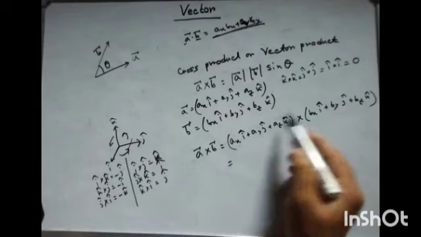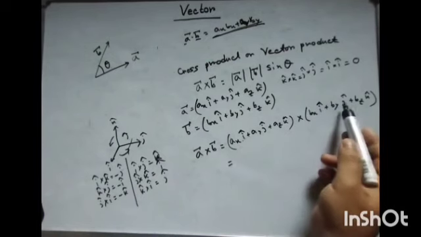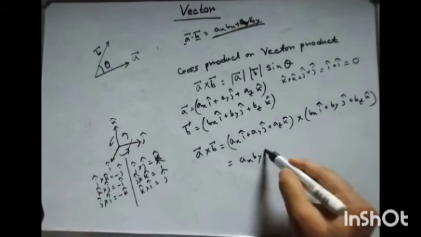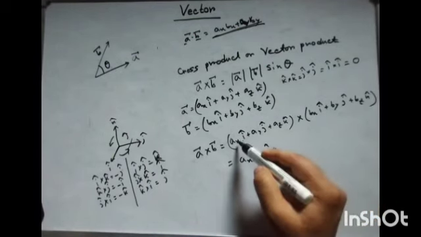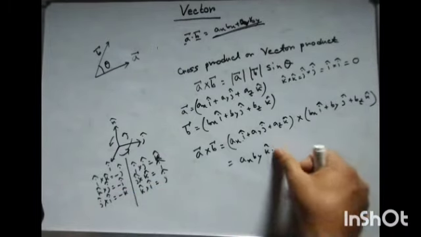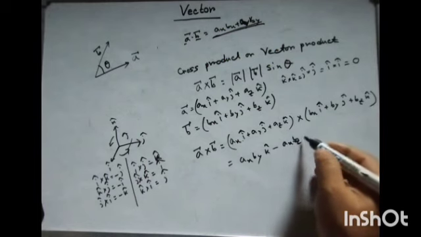So here ax bx, i cap cross i cap is 0, ax by, i cap cross j cap is k cap, plus ax bz, i cross k is minus j, so it will be minus ax bz j cap.